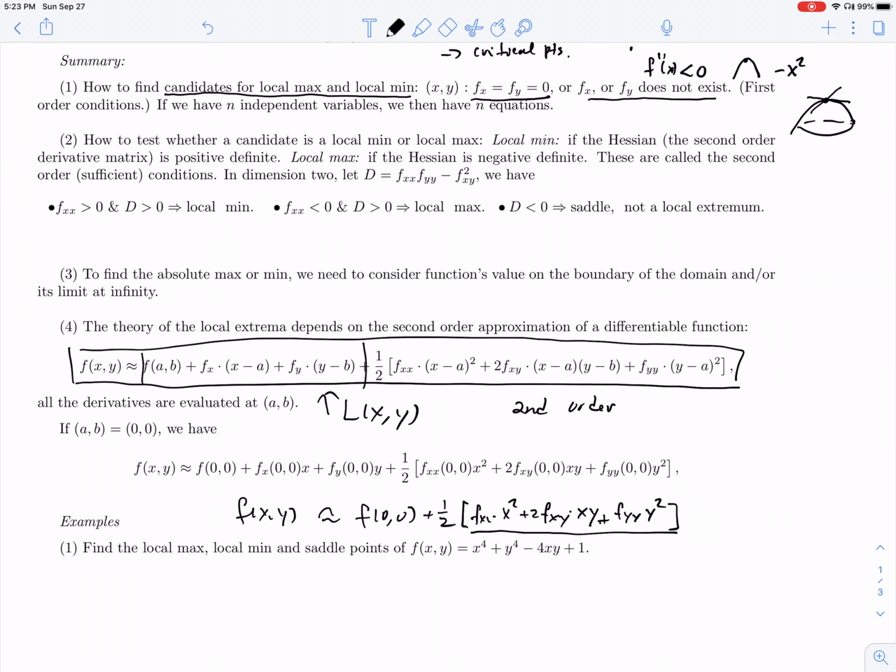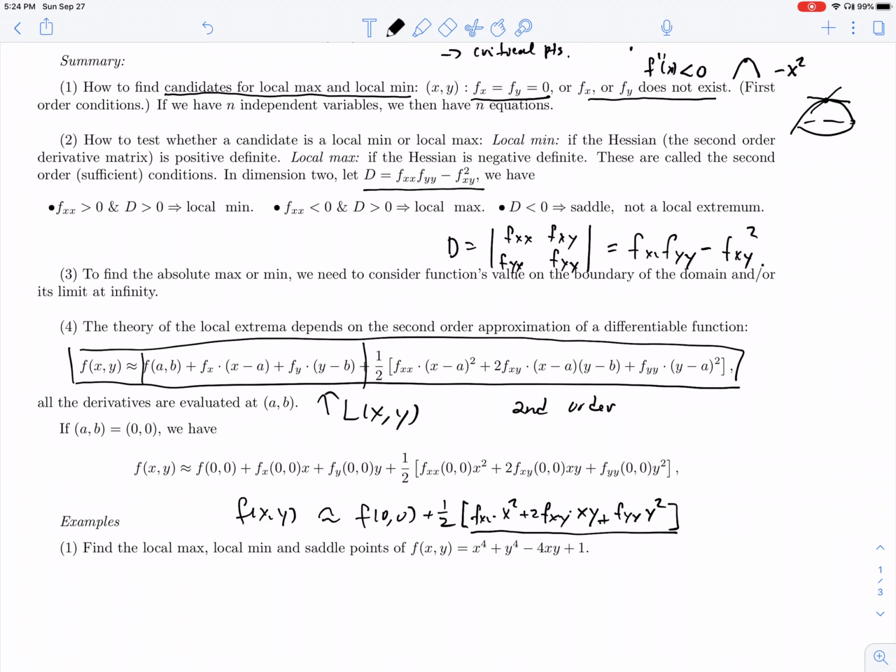Okay, so for local minimum, we have two conditions. First, we form this difference. If you think about this, it is exactly a determinant. This D over here is the determinant of fxx, fxy, fyx, fyy. Now we know fxy and fyx are the same, so this is fxx times fyy minus fxy squared.